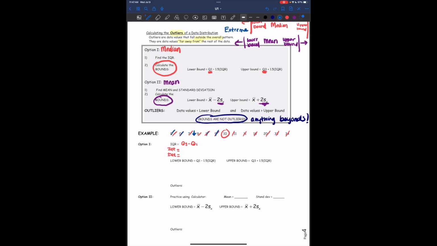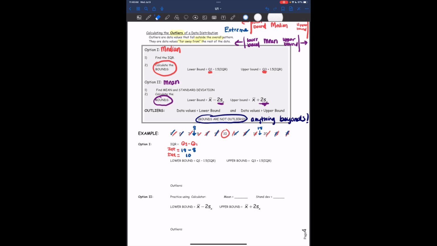Looks like between here, 8 would be Q1. And then over here, I would need to figure out what's between 16 and 20, that would be 18. So 18 is Q3. When I subtract those, my IQR is 10.